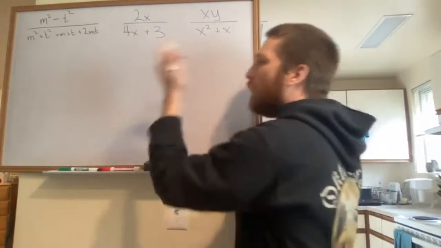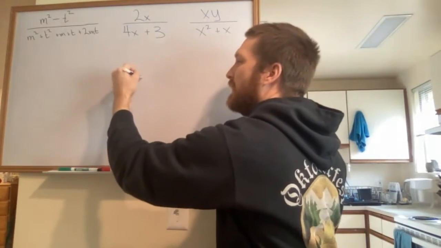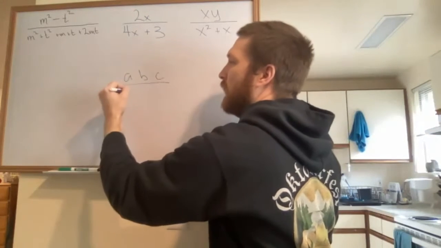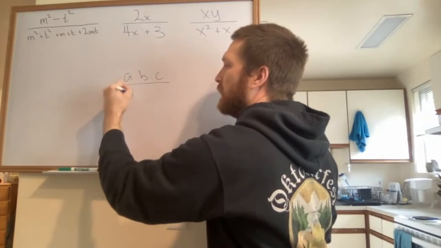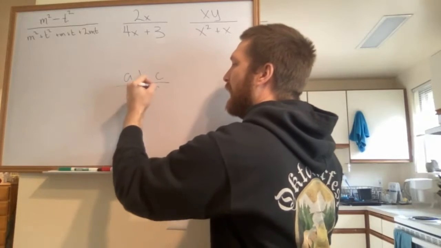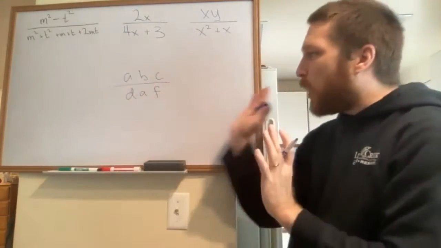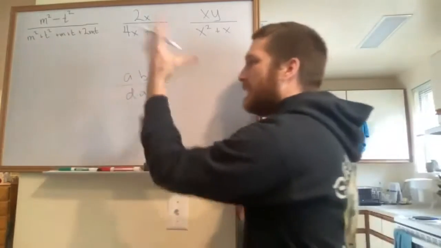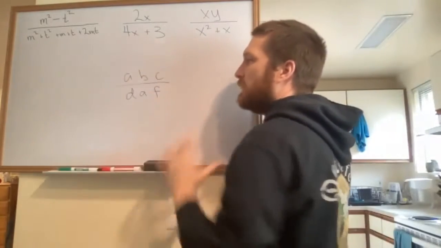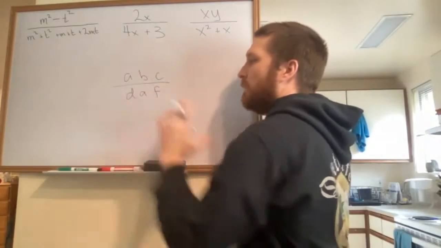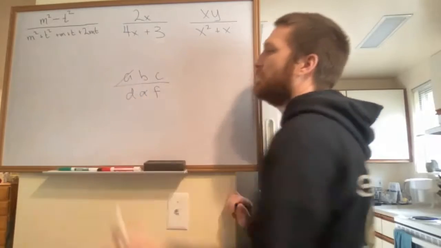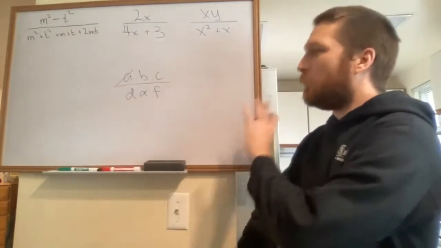The only way to cancel something is if you have nothing but multiplications on the top, say D, A, and F. As long as everything on the top is being multiplied and everything on the bottom is being multiplied, then you can cancel, and we're good to go.